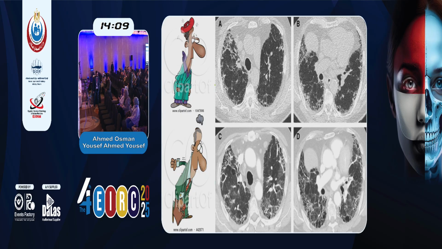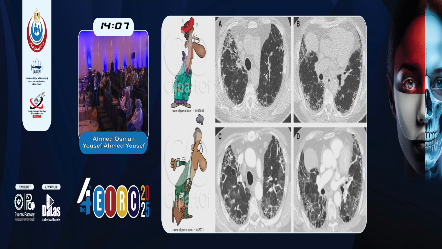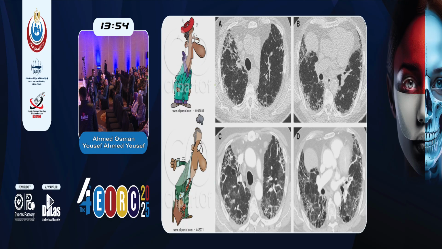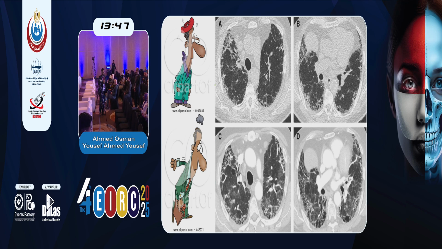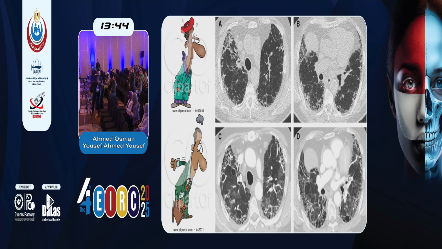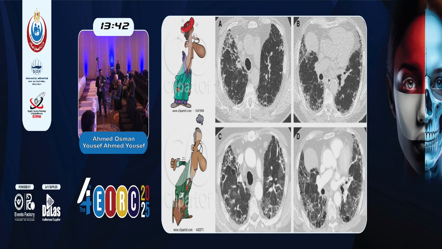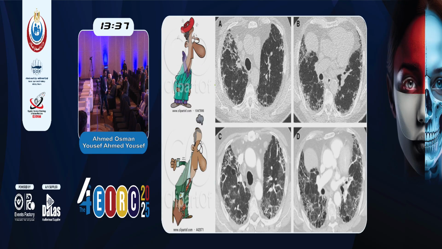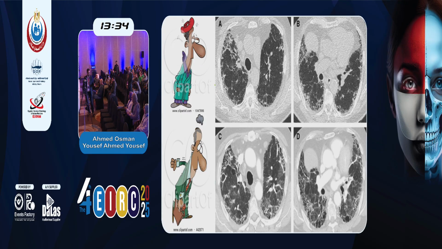We have a new CT finding, which is ground glass, and ground glass is not a finding of UIP. So with the clinical picture of fever, cough, greenish sputum, the ground glass is almost explained by an underlying infection, which is mostly viral.